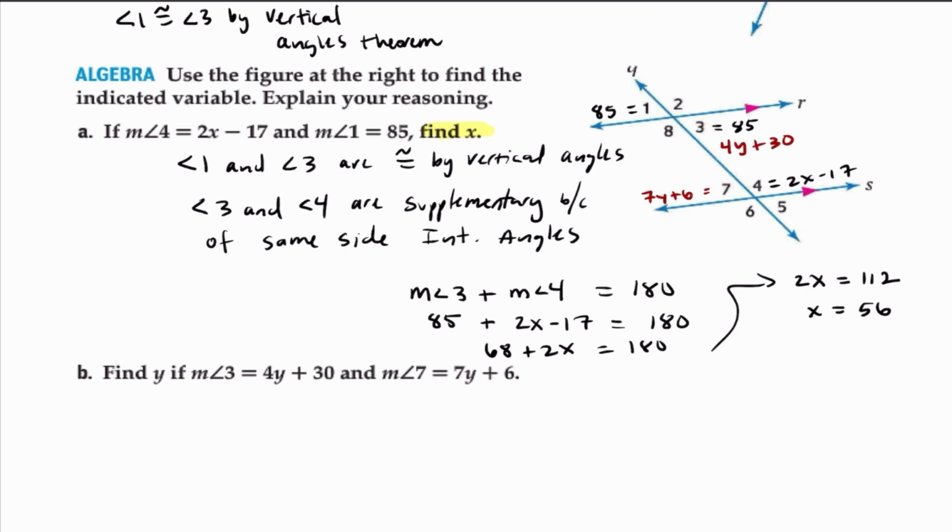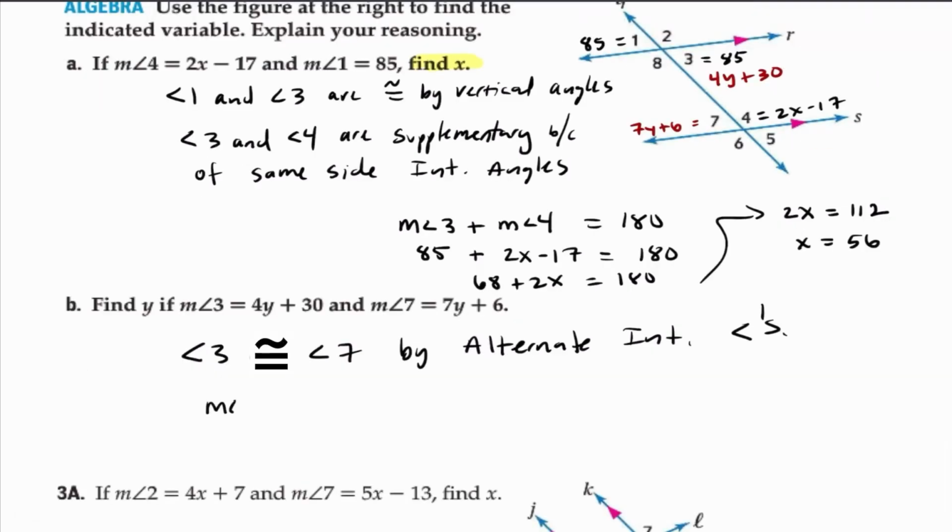3 and 7 are inside of the parallel lines. These two angles are interior angles. 3 and 7 are on opposite sides of the transversal. So these two angles are congruent to each other by the alternate interior angles.